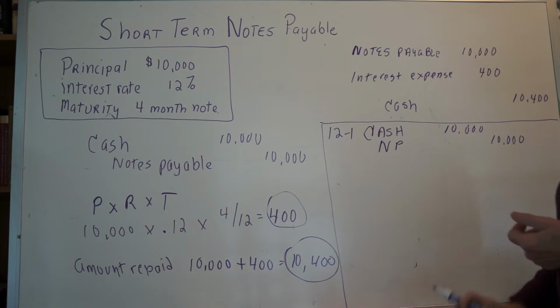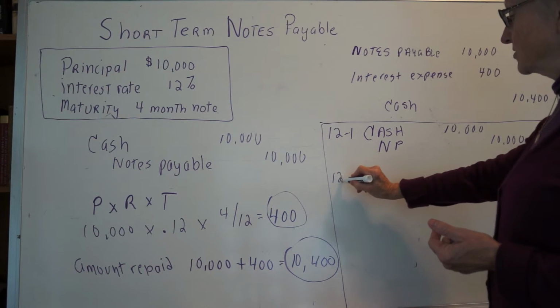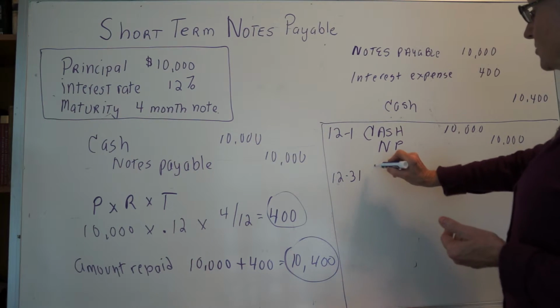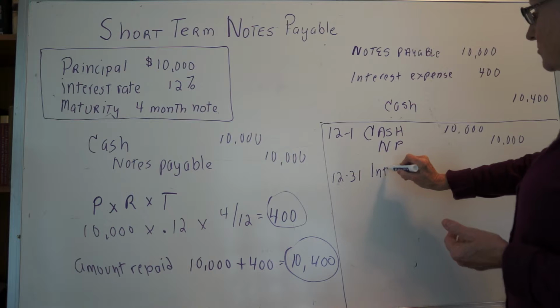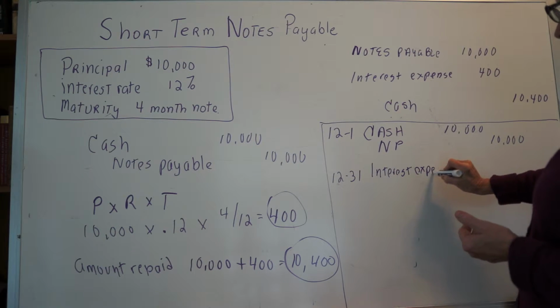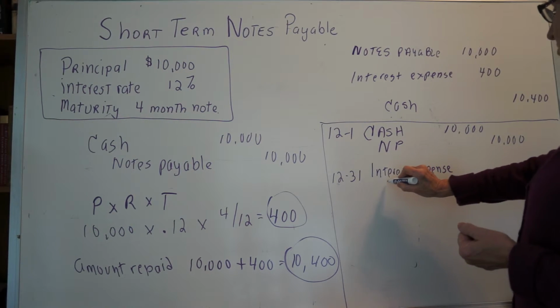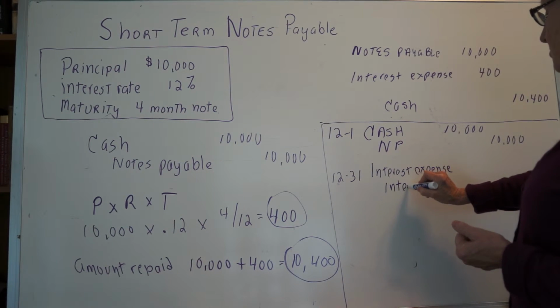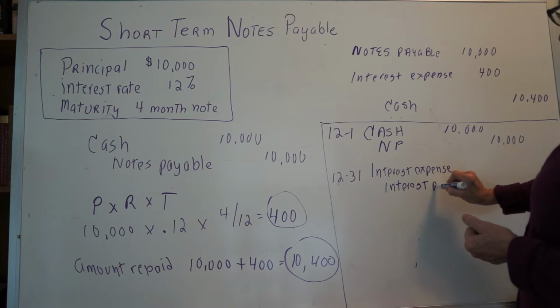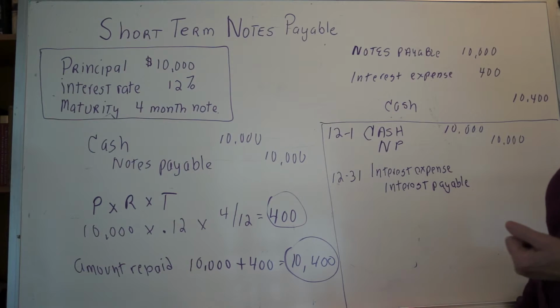We know that we have to accrue interest over the life of the note, so when we get to the year end at 12/31, we're going to have to bring on that interest expense to deduct from that year's income statement, and so we're going to have interest expense and interest payable. And it's only going to be the amount of interest that we earned so far.